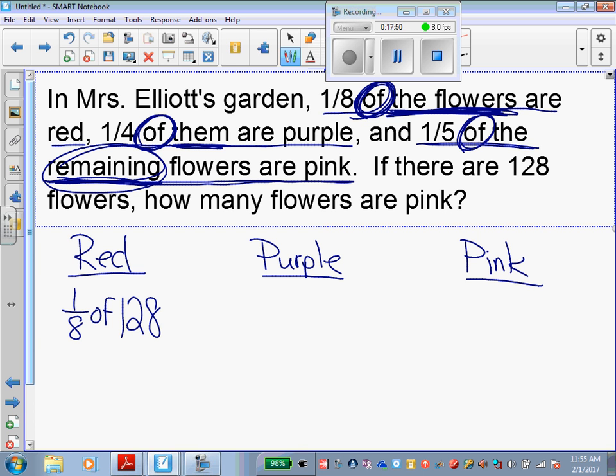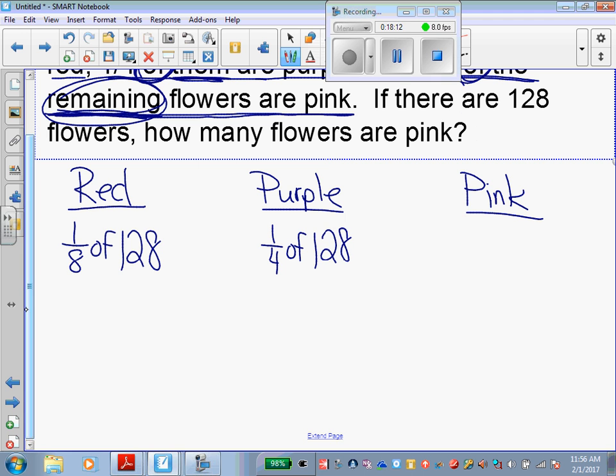What is my expression going to look like for purple? Brooklyn: 1/4 of 128. Perfect. 1/4 of 128. What is my expression going to look like for pink? We don't know yet. Oh, but you do. You know part of it. You know something that you can write down to solve it.